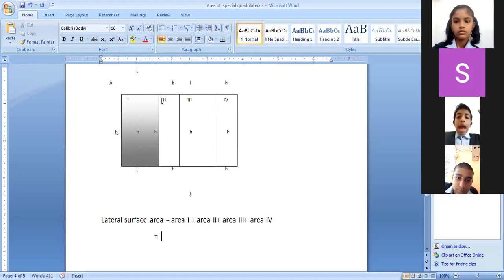This is rectangle 1, the shaded rectangle. You know the length and breadth, right? Variables are there. Here the length of this rectangle is h, breadth is L. Then what is the area of that rectangle? Tell me fast.